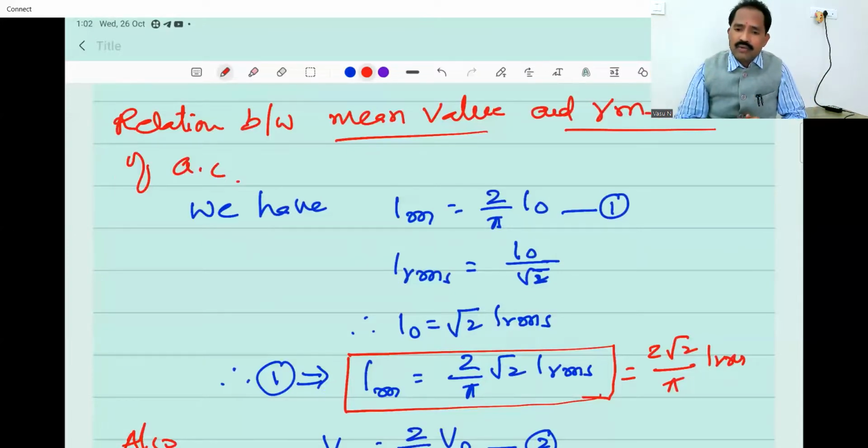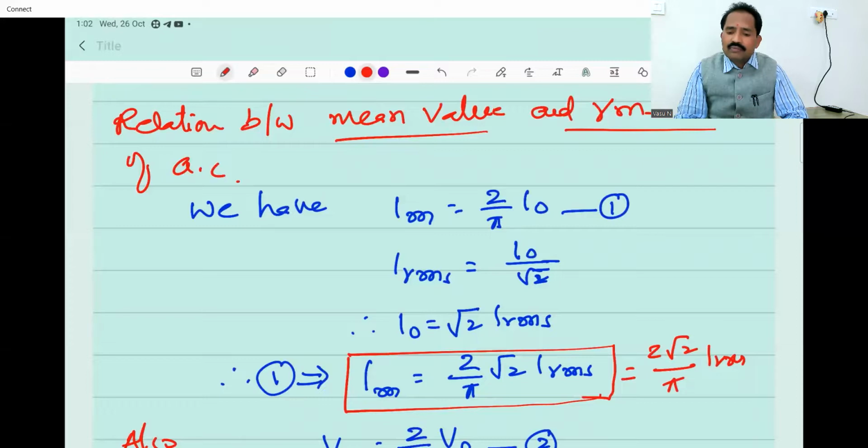See, write equation 1, and look at the second equation, IRMS equal to I naught by root 2. From that, separate for I naught: I naught equals root 2 into IRMS. Now substitute I naught in equation 1. Now Im is equal to 2 by pi root 2 IRMS. So this is the relation connecting mean value and RMS value. If RMS value is given you can find the mean value, and if mean value is given you can find the RMS value.